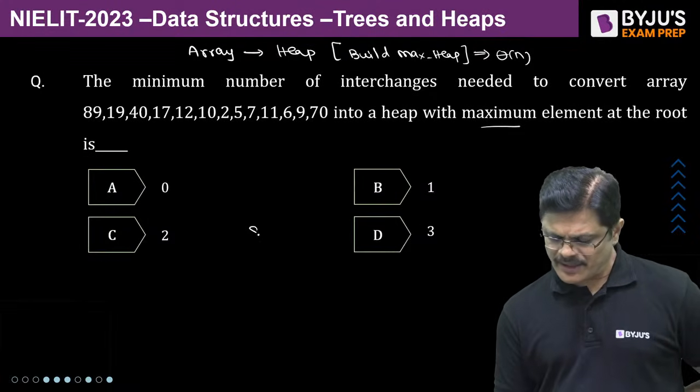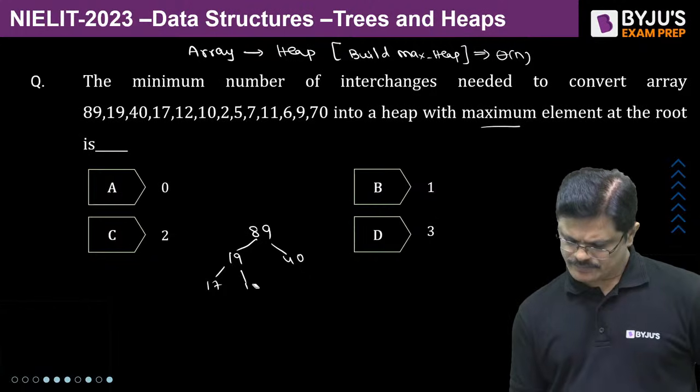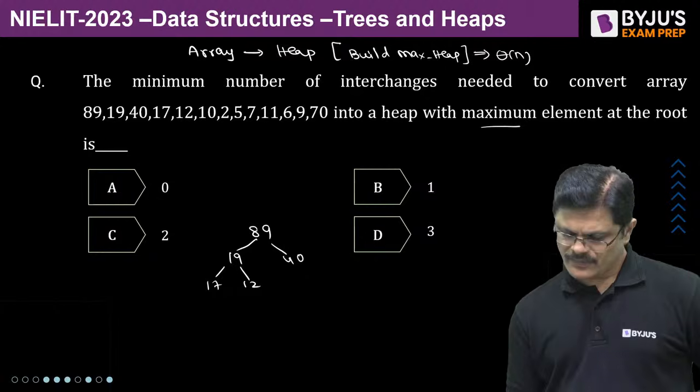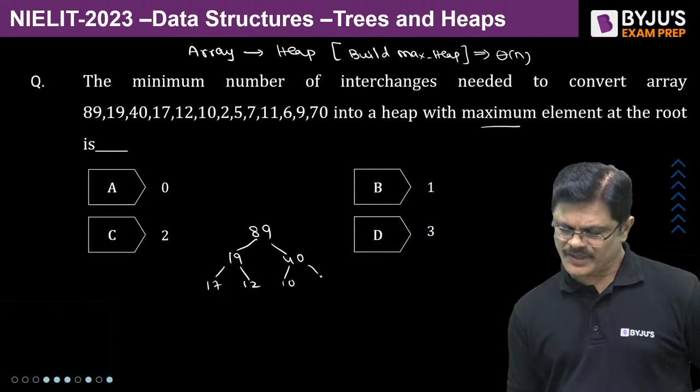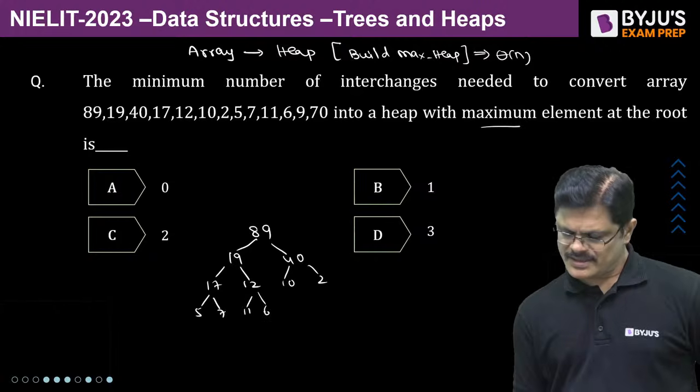Okay. So it's very simple. First construct the binary tree. 89, 19, 40, 17, 12, 10, 2, 5, 7, 11, 6, 9 and 70.